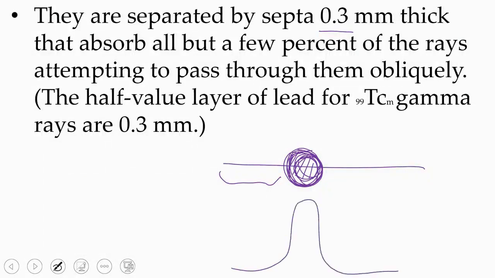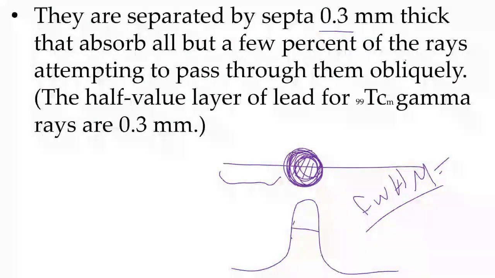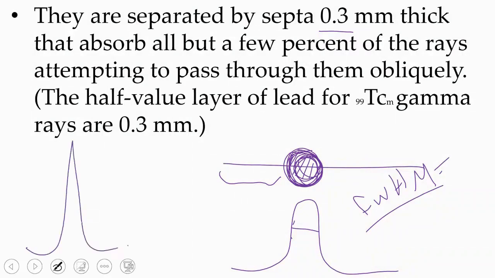There is something called full width at half maximum. What does it express? It expresses the amount of width of my curve. This curve gives something called Gaussian distribution, which is not our concern, but I want to tell you something. The sharper this curve is, the smaller the full width at half maximum will be, which means the resolution is high, right?